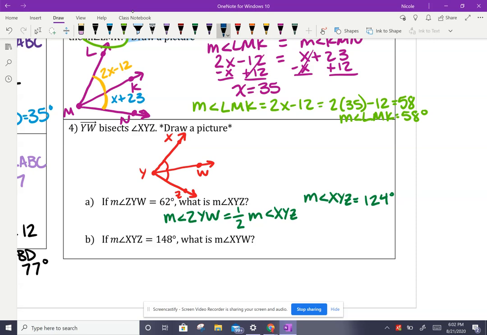So to find the measure of angle XYW, I'm going to take 1/2 of the measure of angle XYZ. So 148 divided by 2 gives me 74. So the measure of angle XYW is 74 degrees.